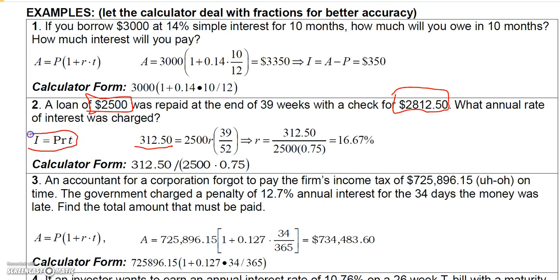Then I can use this formula, I equals PRT. So I'm going to put the interest, which is $312.50, in for I, and then the principal is $2,500, and R is the unknown, and 39 weeks would be 39 out of 52 years. What's good about this is that it's the same as 0.75, because that is a terminating decimal.